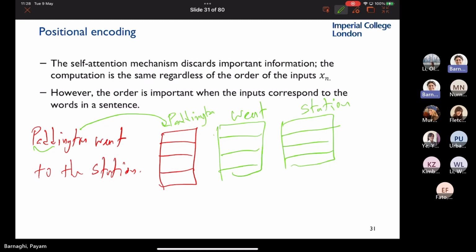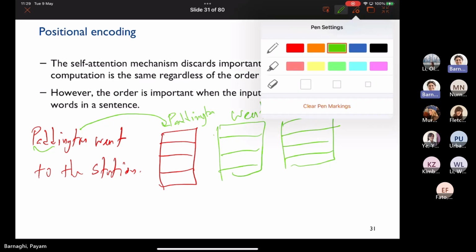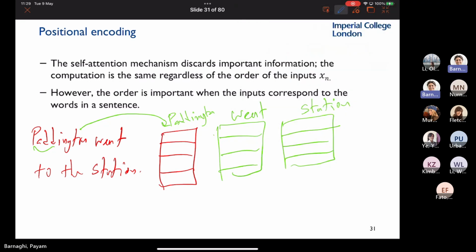What we want to do is tell our model the position of each word. What would be your first intuition? How do we do this? 1, 2, 3, exactly. That's what I also thought, and I struggled a lot at first to understand how the positional encoding actually works.